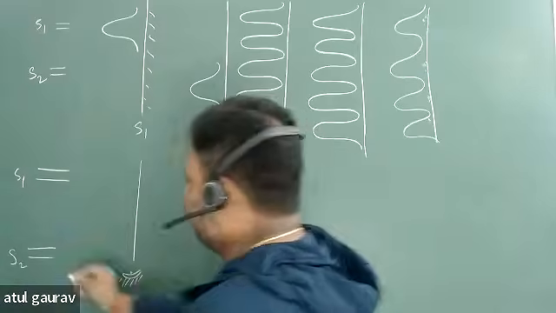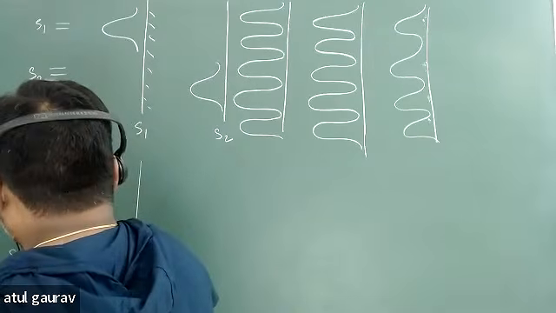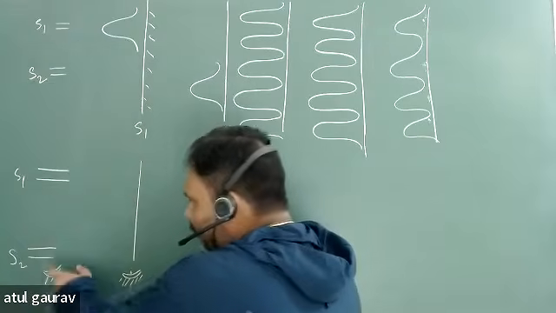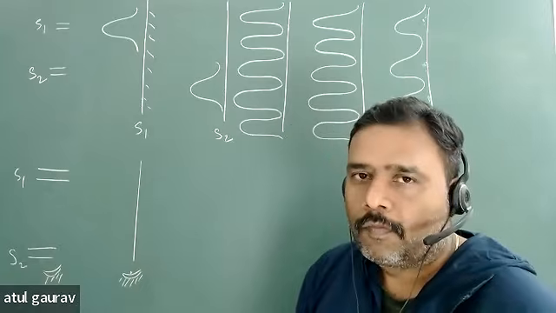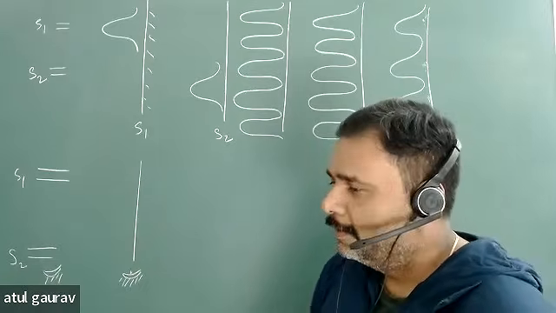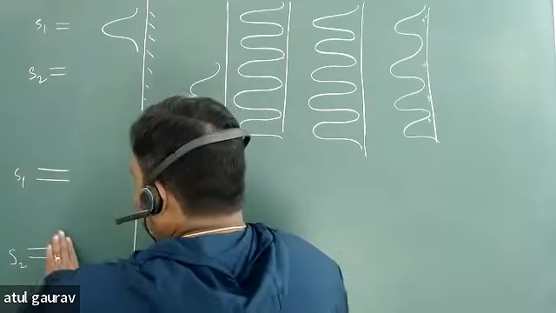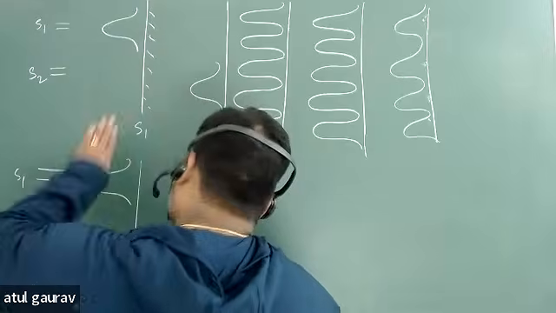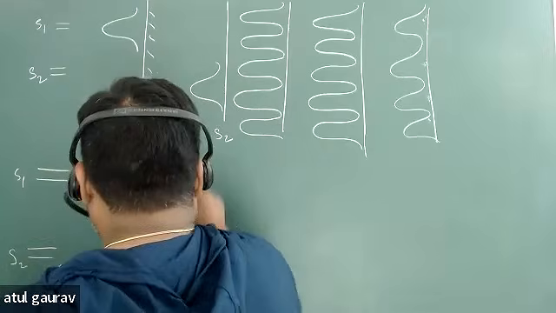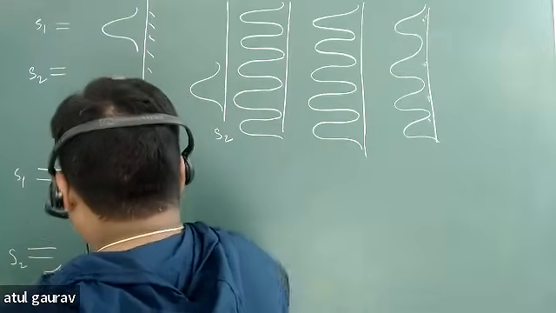Some sensor here and some sensor also here. I am putting an eye at the slit S1 and at the slit S2. And then if I close S2, I have exactly this kind of thing. If I close S1, I have exactly this kind of thing.